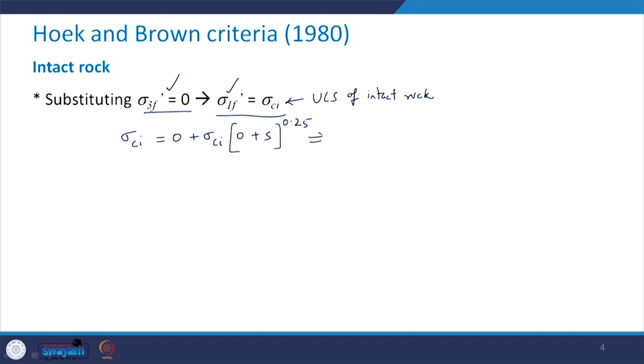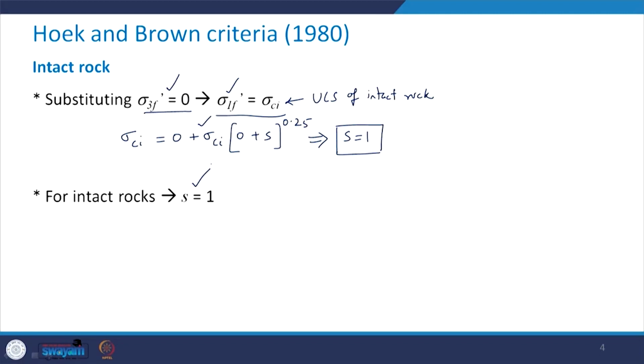And what this equation gives me is that for this equation to be satisfied, s should be equal to 1. And therefore, we can conclude that for intact rocks, this parameter of Hoek and Brown criterion, which is s, will be equal to 1.